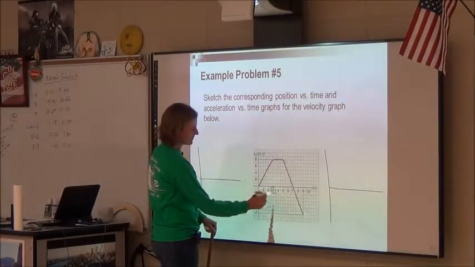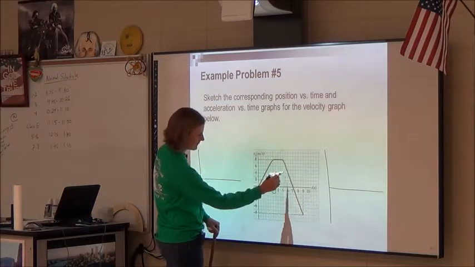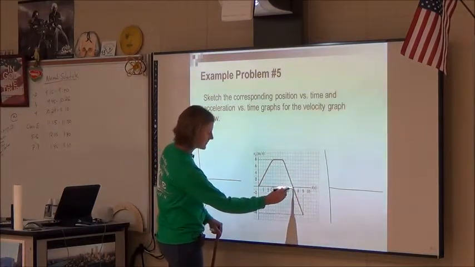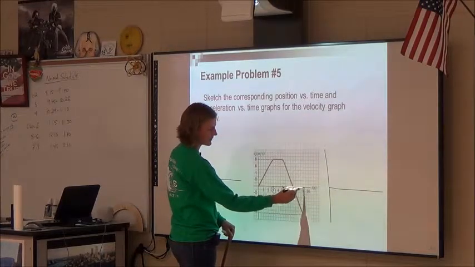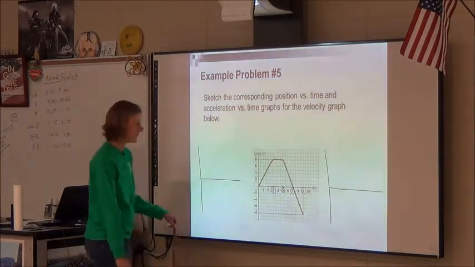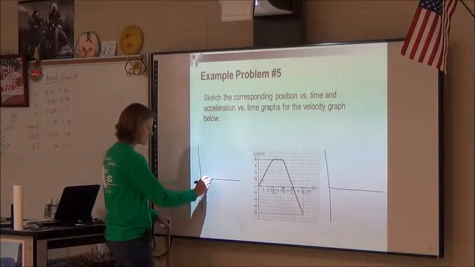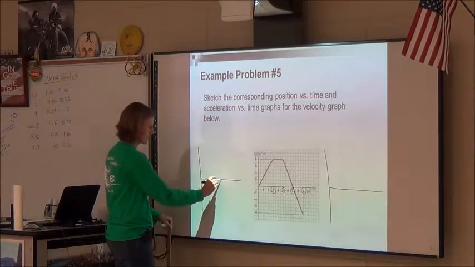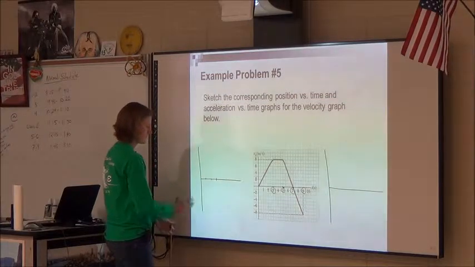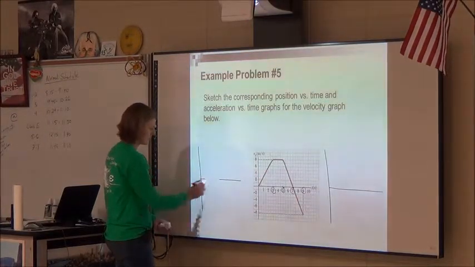And I like to mark off, not every single time, but the times of change where something different happens. So it looks like that would be at 3 seconds, 5 seconds, sort of 7. I'll mark it since it's a 0 point on this graph, and 9. Mark off 3, 5, 7, and 9. With a better scale than that.